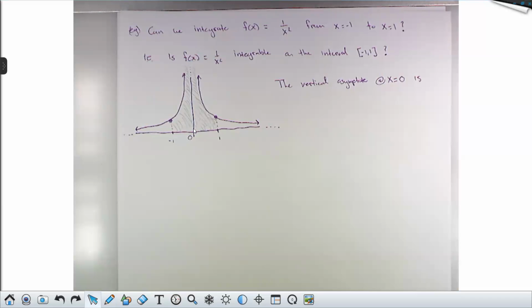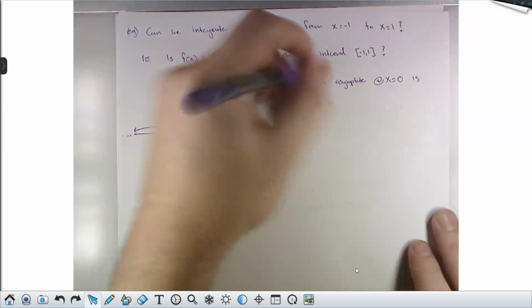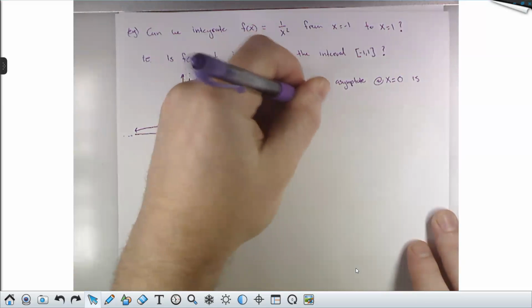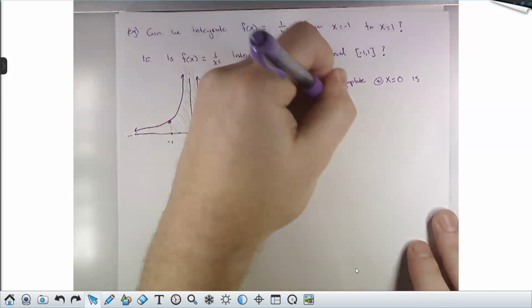Is it a removable discontinuity? Is it a jump discontinuity? Is it a different kind? Infinite discontinuity. Excellent. Yeah, it's an infinite discontinuity. The vertical asymptote at x equals 0 is an infinite discontinuity.